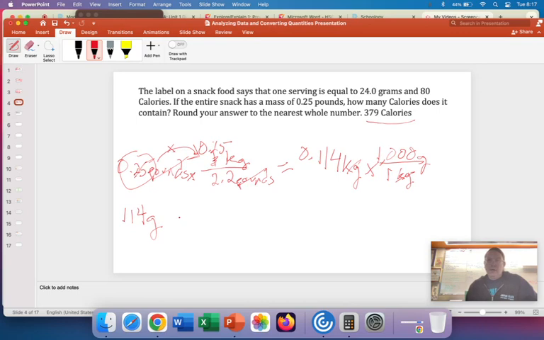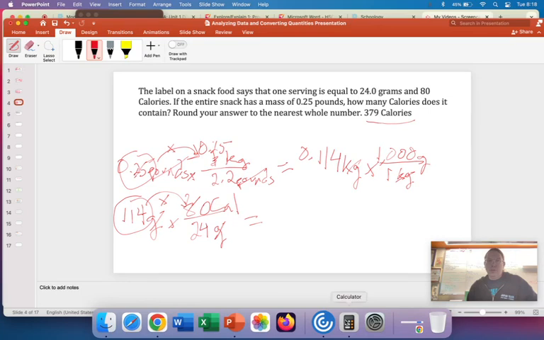And my conversion factor for the snack is 24 grams to 80 calories. So now remember, grams will cancel, and I'll multiply 114 times 80, and we'll divide that answer by 24.